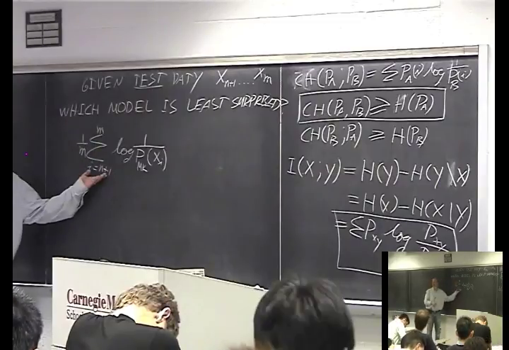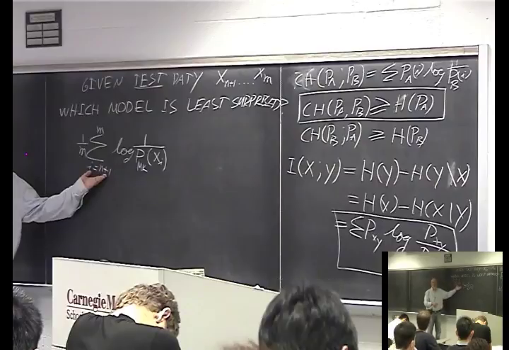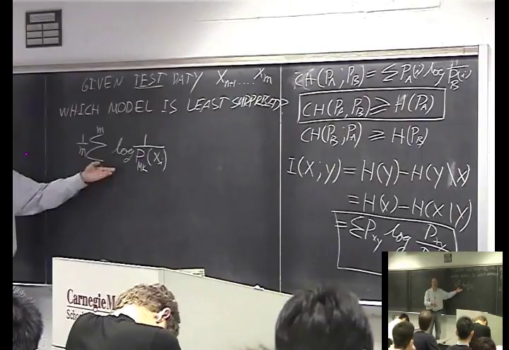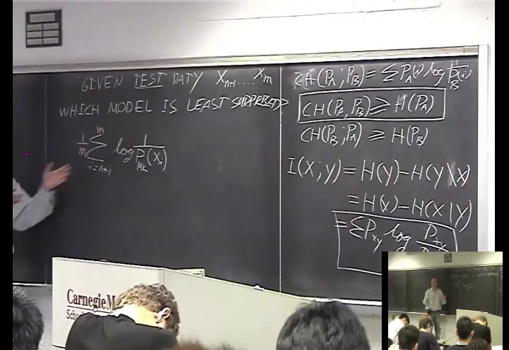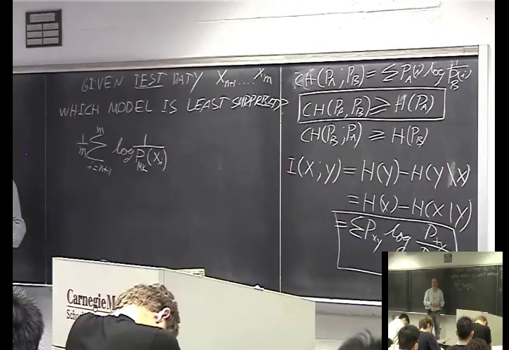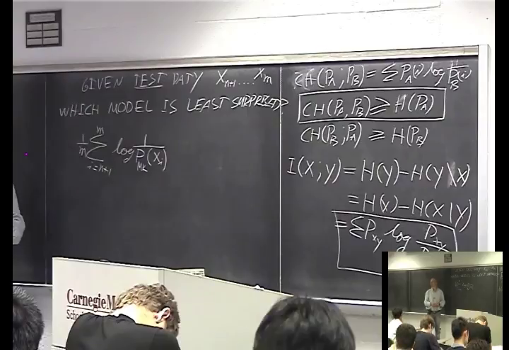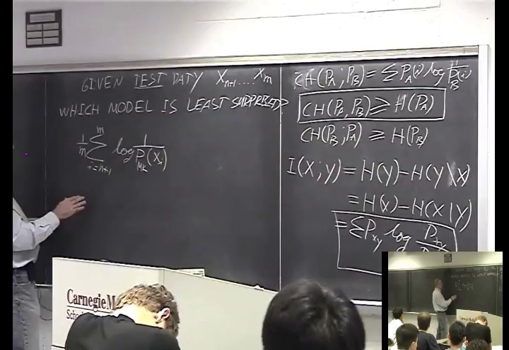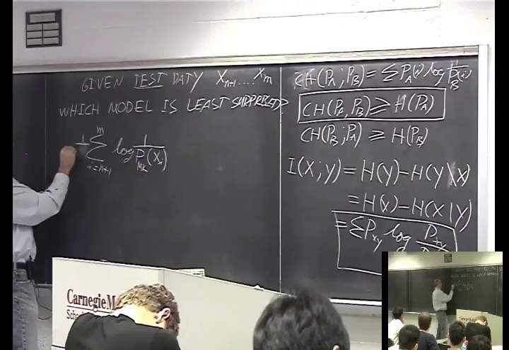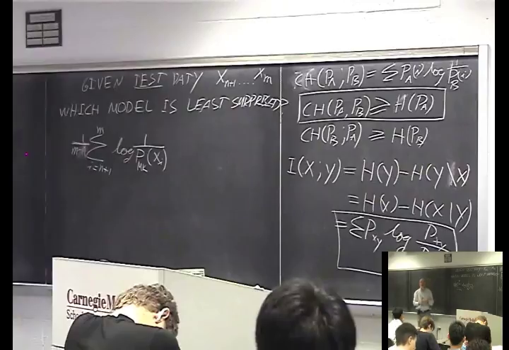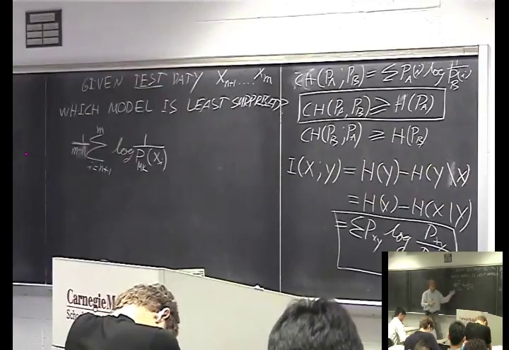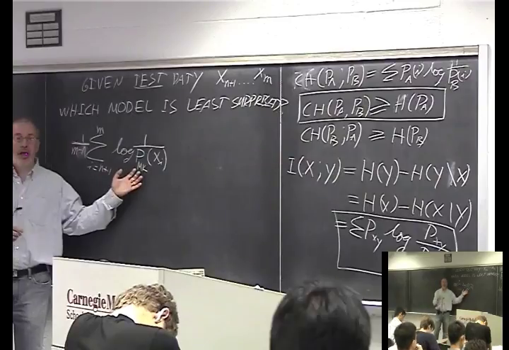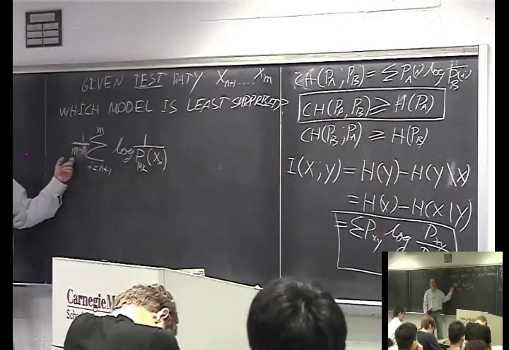Does this fairly capture what we wrote here? The amount of surprise that model k experiences on average when seeing the test data. Did I get it right? Shouldn't it be 1 over m minus n plus 1? Yes, thank you. I think just m minus n will do, no? Oh, yeah. Thank you. So this is accumulating the amount of surprise that model k has over time as it is exposed to all these test items, and then dividing by the number of such items.